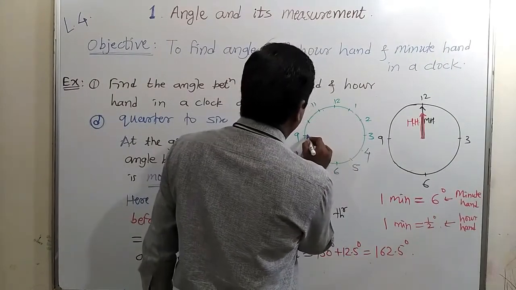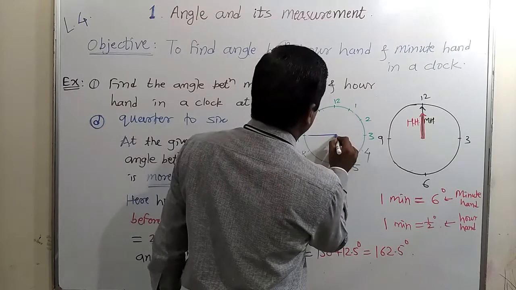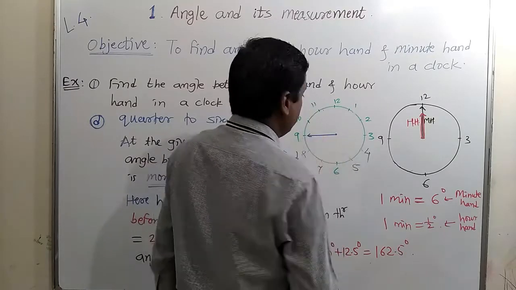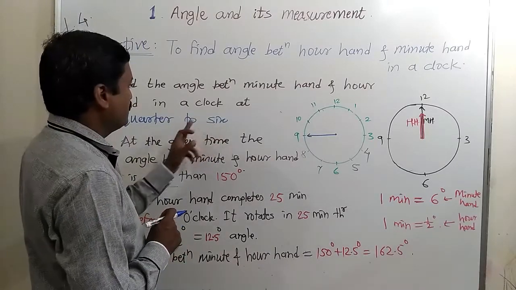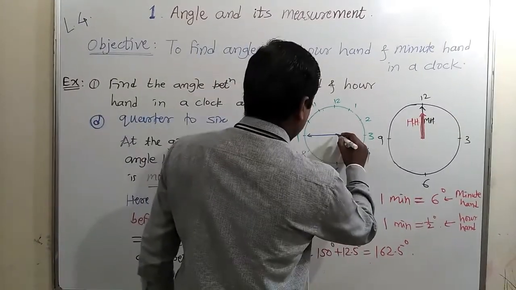So minute hand will be at 9 and hour hand is before 6, because it is to 6, means less.